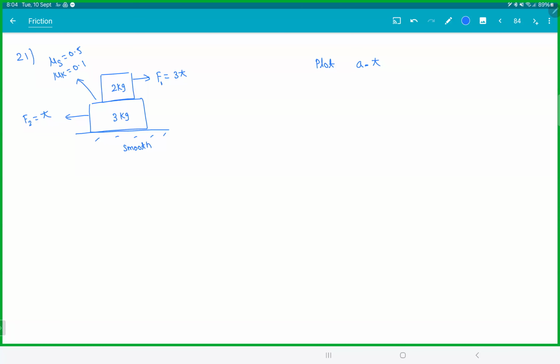Try. Take 2-3 minutes. 2 block problems are important.